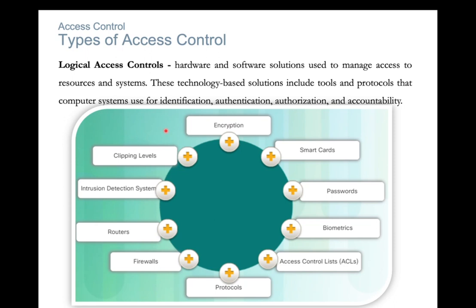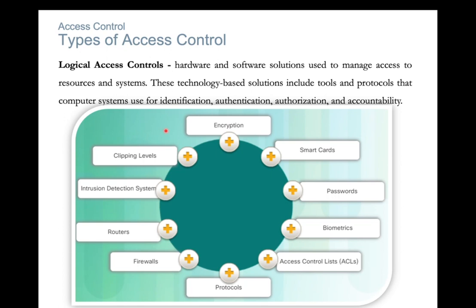Whereas your password, a logical access control, is a protected string of characters used to authenticate a user. A password is the most common method used for authentication. And you have biometrics, which analyze users' physical characteristics to verify their identity. It is the most accurate method for identification verification, but it is also the most expensive method.